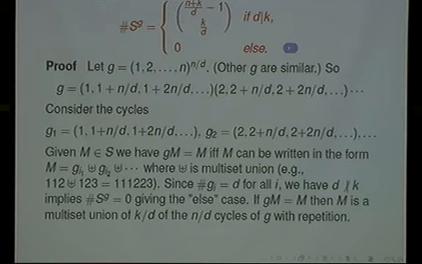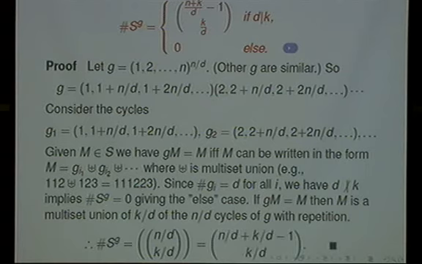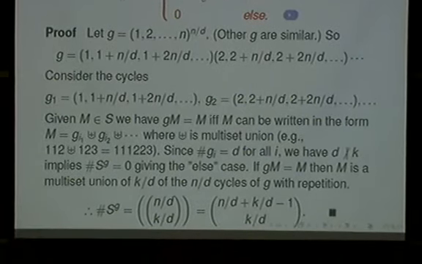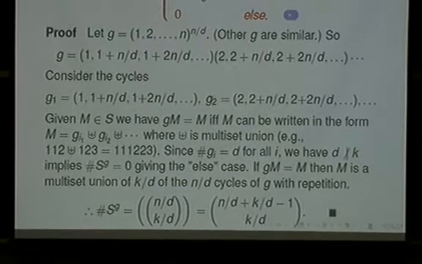And the original G factored into n over D cycles, and we're allowing repetition, because these are multisets. How many ways are there of choosing k over D things from n over D things where you allow repetition? It's that formula we saw on the first slide. That's the notation for it. It's just the sum of the top and the bottom, minus 1, choose the bottom. And that's the other case. And we are now very much done.